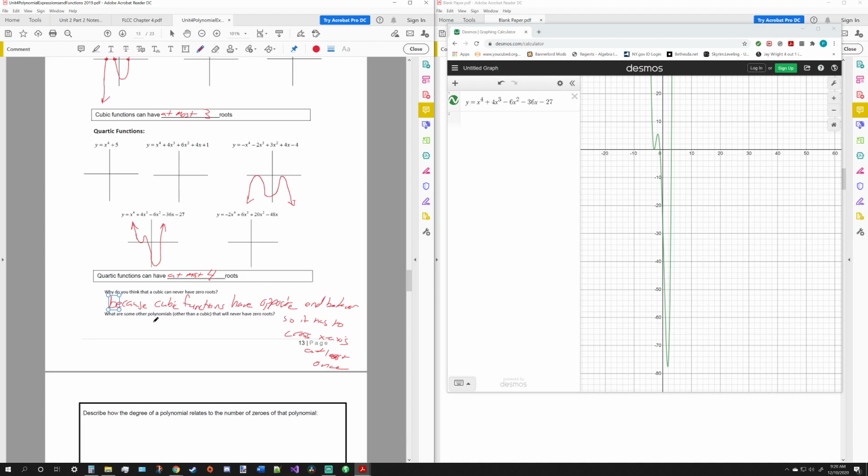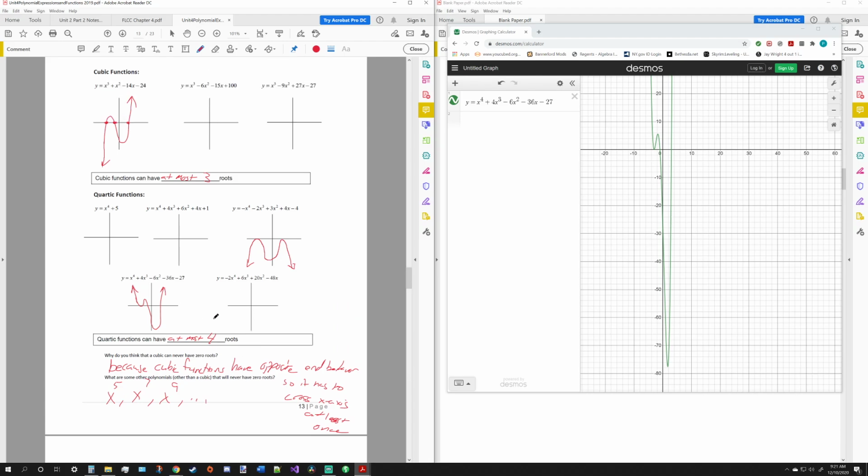And what are some other polynomials other than a cubic that will never have 0 roots? Well, based on our explanation here, opposite end behavior. So any polynomial that has opposite end behavior, that would be x to the 5, x to the 7, x to the 9, and so on. Okay, they will all cross the x-axis somewhere because they have opposite end behavior.